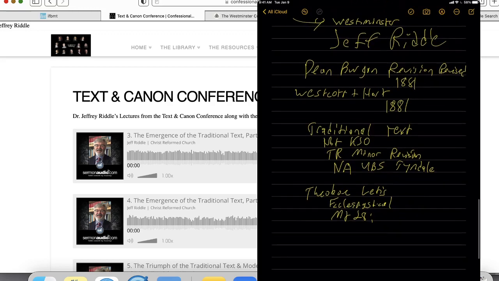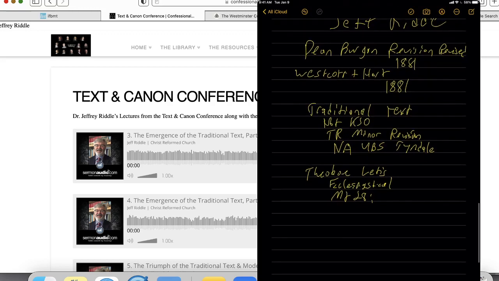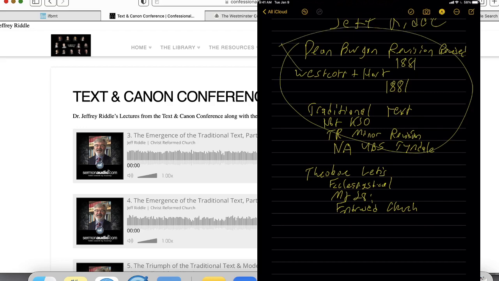And I believe Letis would have been of the opinion that these scriptures were entrusted to the church. And so he would say that you have to look at what the church used, which we would say is the received text. So there are all these different monikers that this position can go by. Of course, Burgon, with his traditional text, would not have exactly been a TR defender.